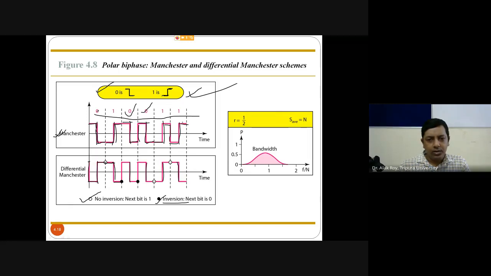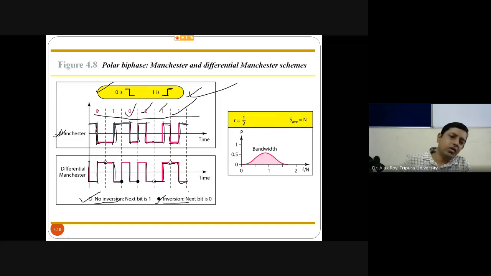From here you see the bit stream. It is 1. If it is 1, no inversion. So from here, no inversion. Continue. Automatic transition, reach up to here. From here you decide, next bit is 1. If next bit is 1, no inversion. So continue and you will reach here.